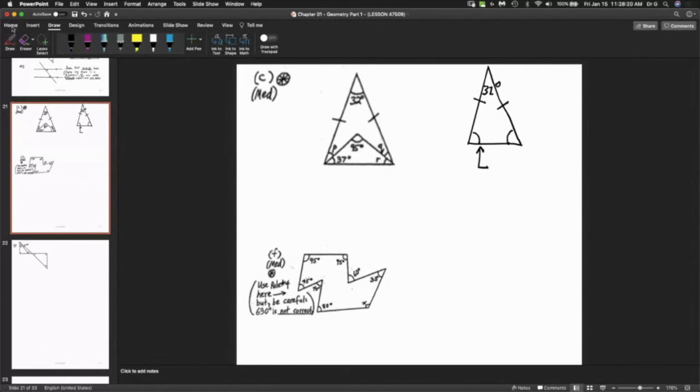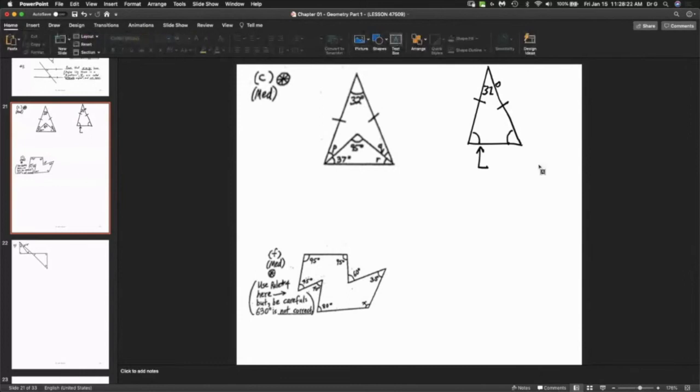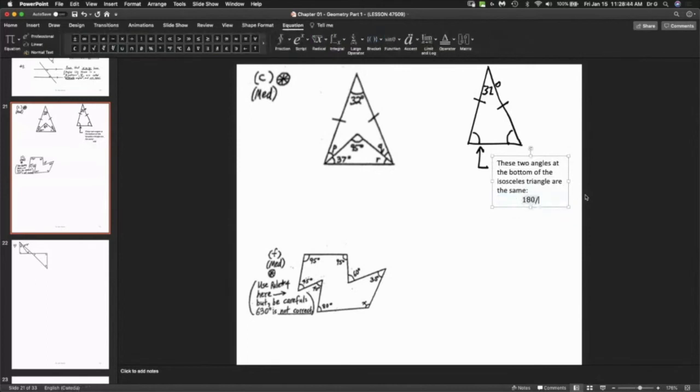So the bottom two are the same, yes. So what are the angles? They are 74, for that comment there, yeah. So these two angles at the bottom of the isosceles triangle are 180 minus 32, over 2, which is what? 180 minus 32 is 148, over 2 is 74, correct.